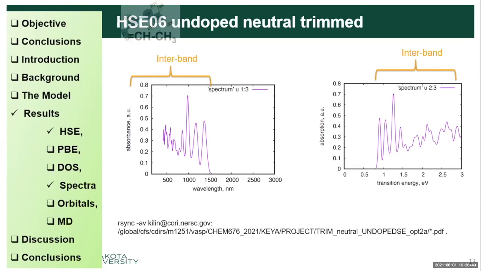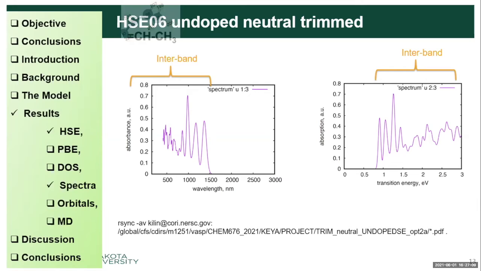From the undoped model, around 12 atoms were removed from the previous undoped model. Then after that we plot the absorption spectrum graph, and we are able to see that.